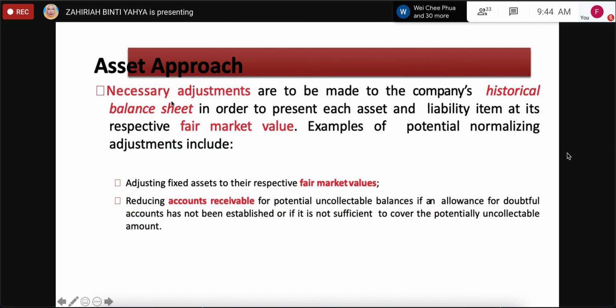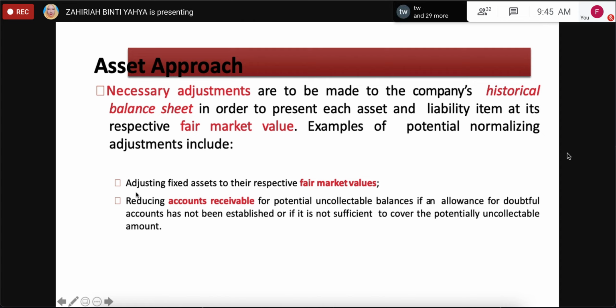Okay, so necessary adjustments are to be made to the company historical balance sheet in order to present each asset and liability item at its respective fair market value. So you tak boleh ambil bulat-bulat what is stated in the balance sheet. You have to do normalization. Buat necessary adjustment.